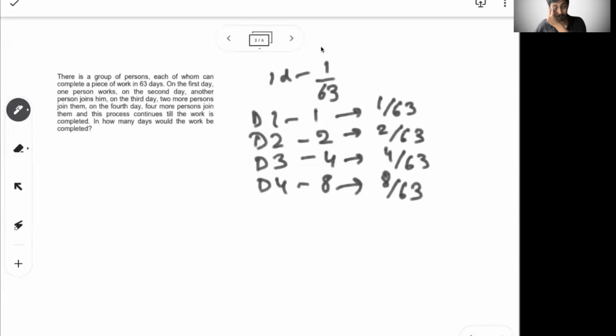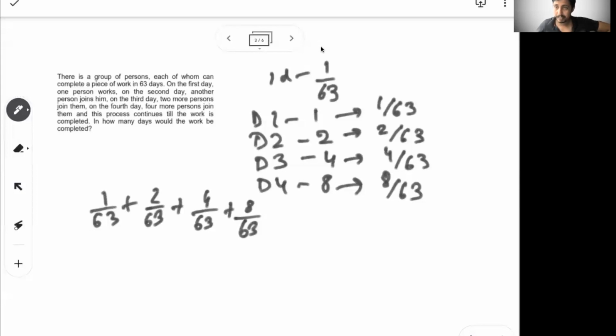So if the total work is 1, and let's say I'm doing it till day 4, then it is 1 by 63 plus 2 by 63 plus 4 by 63 plus 8 by 63. The moment the sum of my numerators 1, 2, 4, 8 and so on becomes 63, my total sum becomes 63 by 63, which is equal to 1.